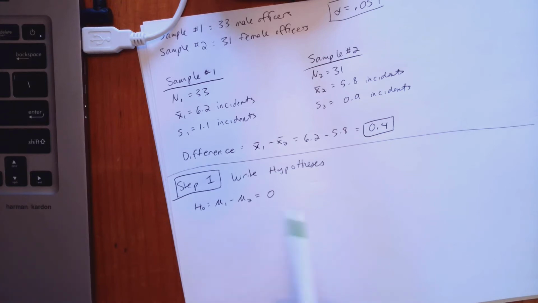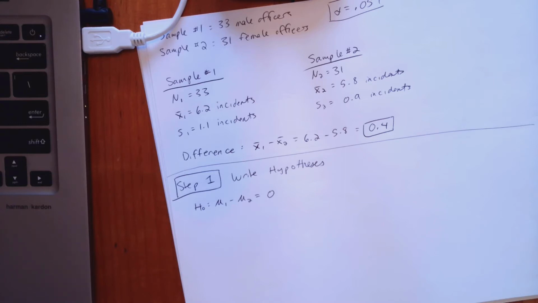So how we would interpret this is that in the population, among police officers as a whole, all the police officers out there, the mean for male police officers is equal to the mean for female police officers. We can write this as saying that if you were to subtract one from the other, it would be equal to 0. So there is no difference between them. Male and female police officers both use the same amount of force in the population.